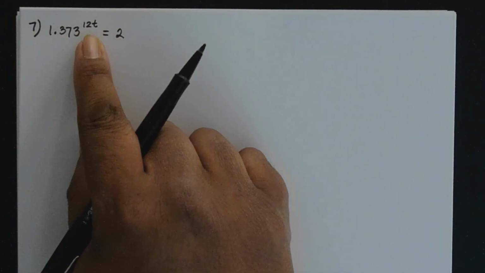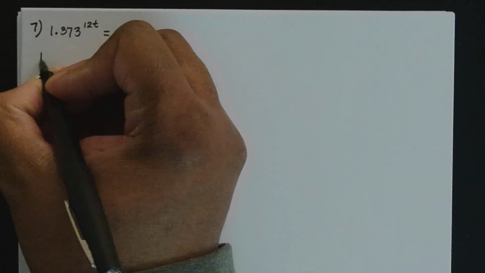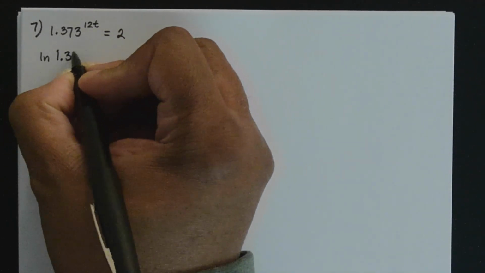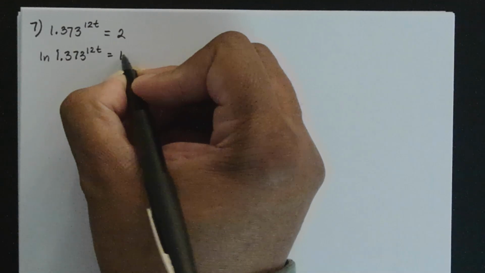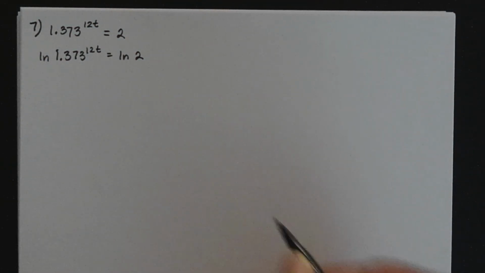So in this case, this too is an exponential equation because the t is in the exponent. So the only way to solve this will have to be to take the natural log on both sides. So I need to do the natural log of this left side and the natural log on the right side.